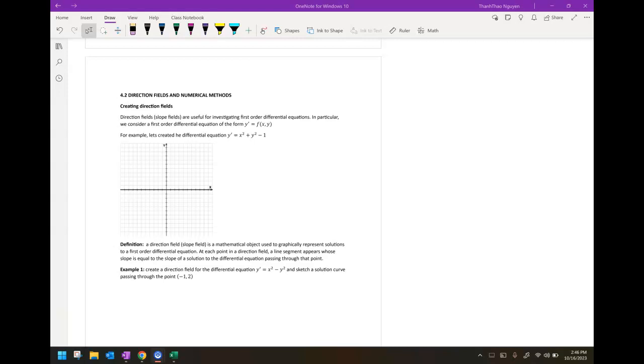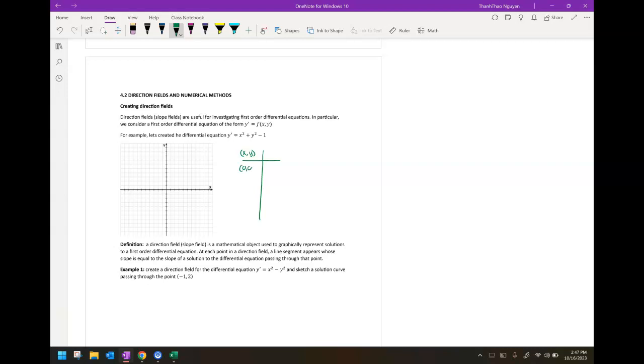To do this, we pick an ordered pair x, y, and we calculate y prime, and we do as many as we can. So we choose the value for x, y.